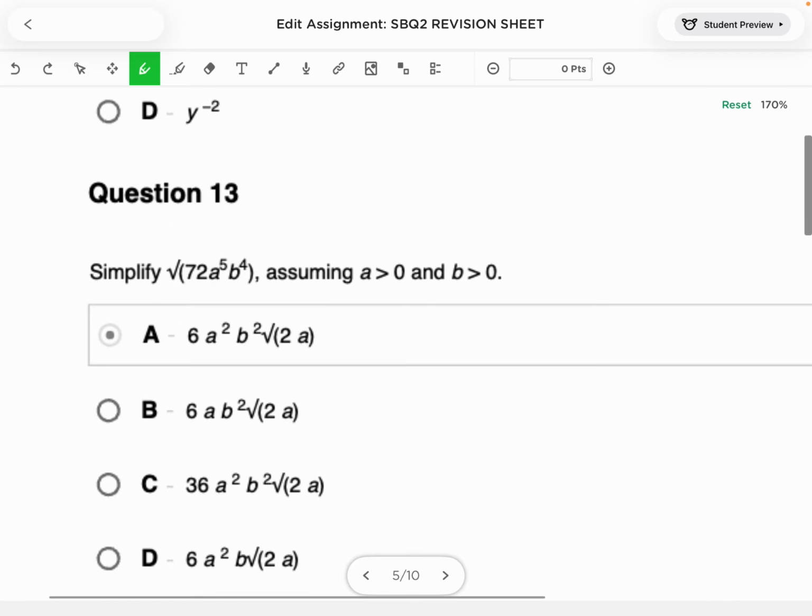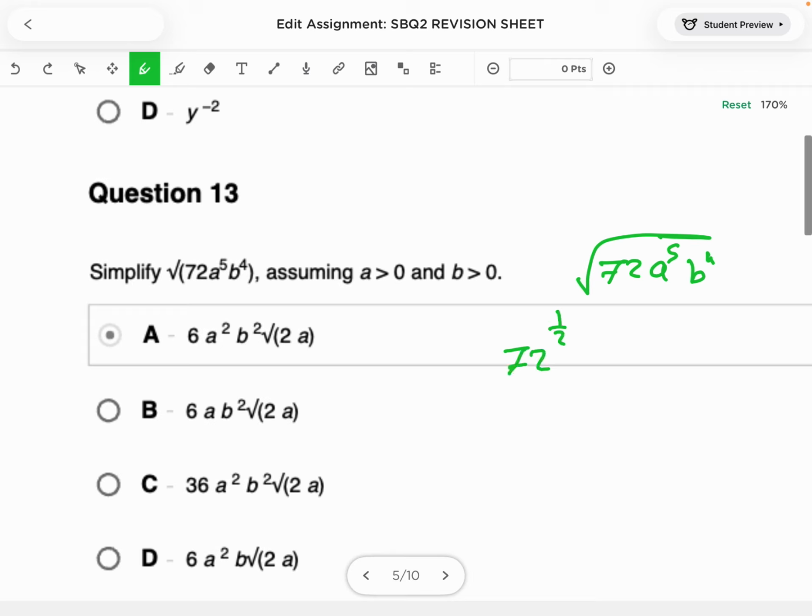Same story. We have a square root of 72 a to the power 5, b to the power 4. It will be 72 to the power 1 over 2, a to the power 5 over 2, b to the power 4 over 2. This is 2.